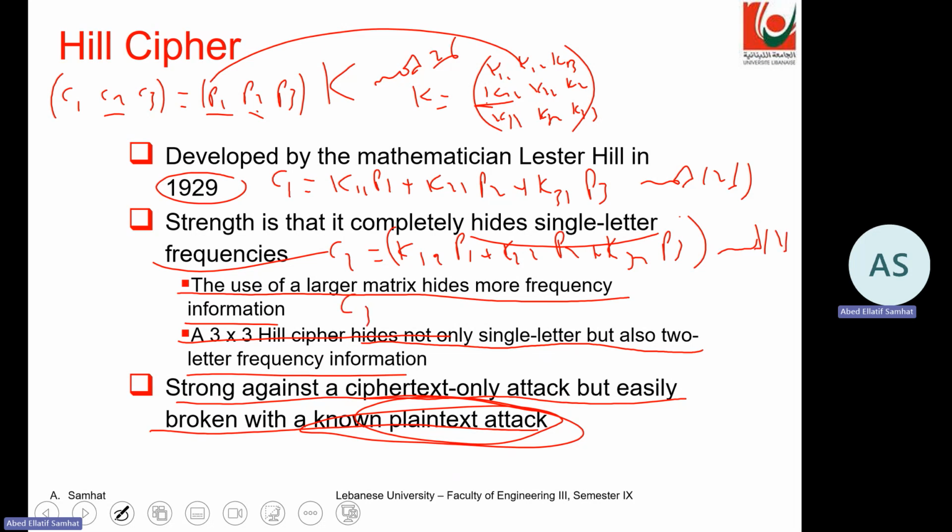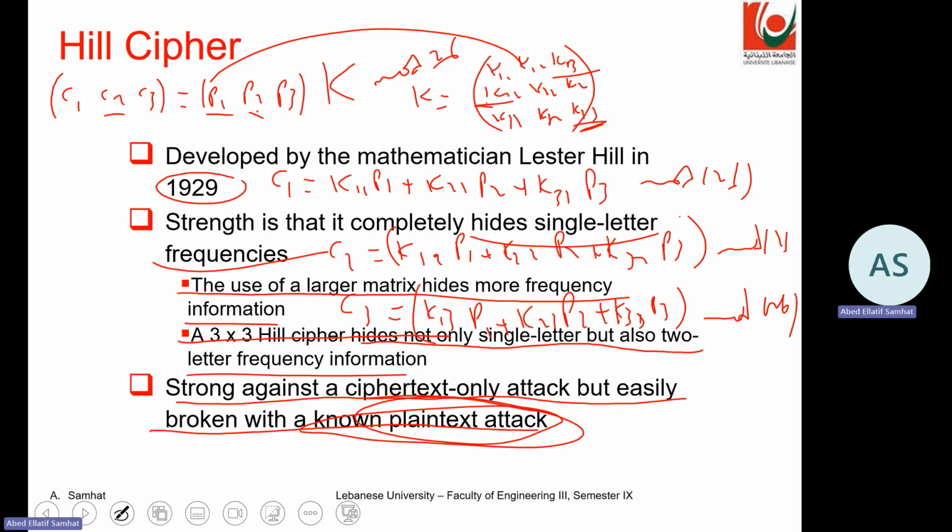And if I want to encrypt and find C3, it will be K13 P1 plus K23 P2 plus K33 P3 mod 26.